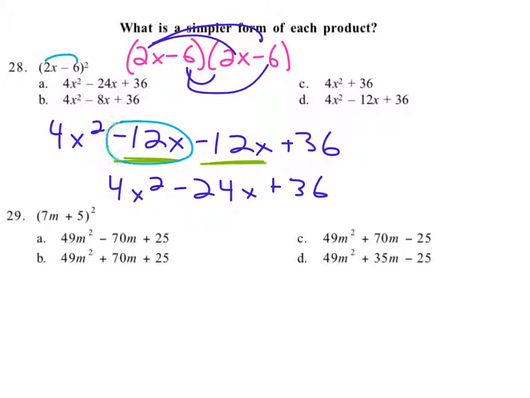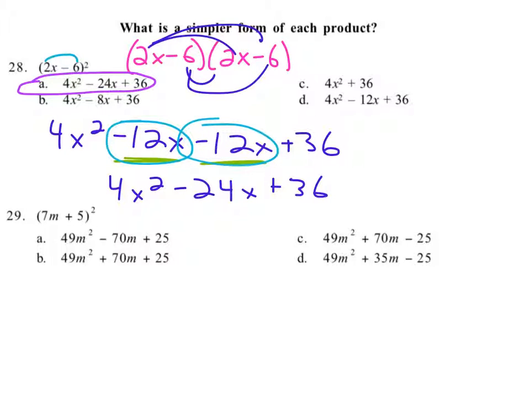Because notice how here you're getting it once, you're getting it twice. That's going to be the case with all of these when you perfectly square something, to give you that middle term of negative 24x. Where do we see that answer? We see that answer 4x squared minus 24x plus 36. That's answer A.